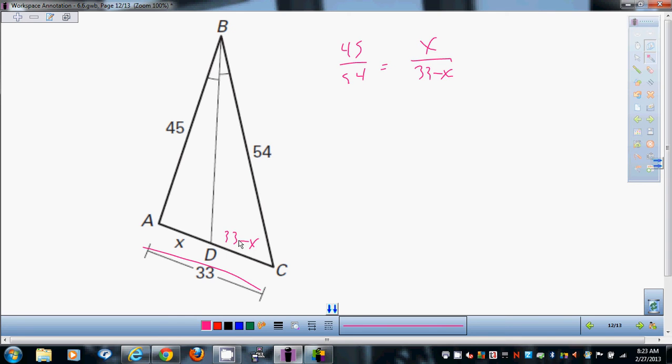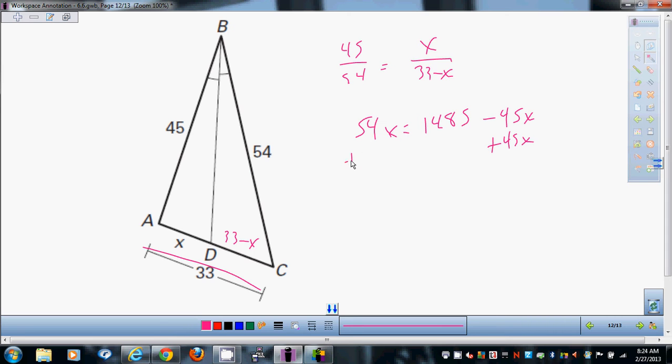So, how are we going to solve this? Cross multiply. 54 times x. 45 times 33. I'm not even going to try. Somebody tell me. Thank you. Minus 45x. How do I solve now? I add 45x. I'm only human! 99x equals 1,485.